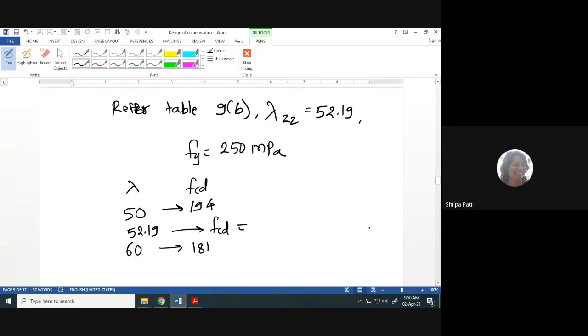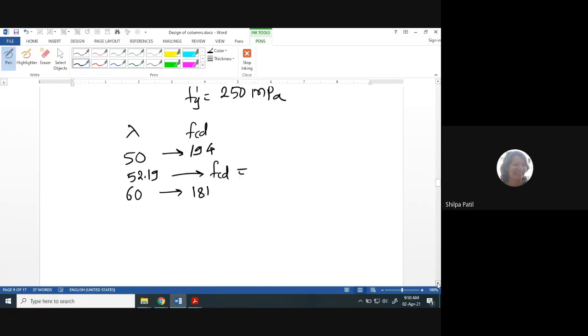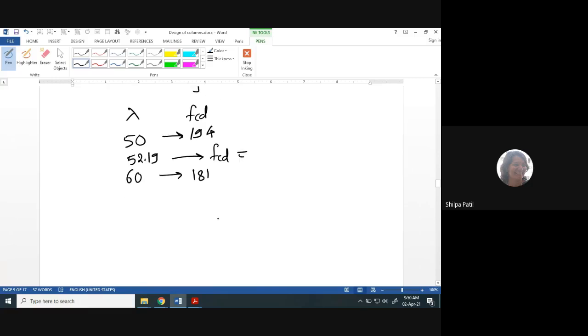What is this value? Do the interpolation quickly and tell me the value. 191.153. Okay, 191.15. I have taken 191.15.